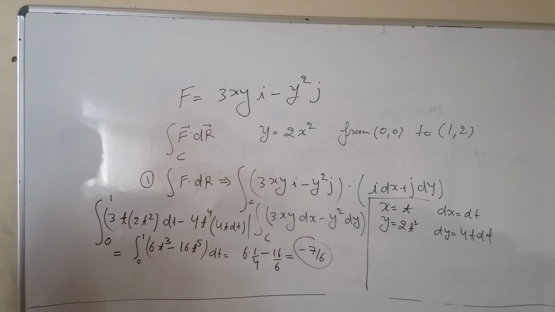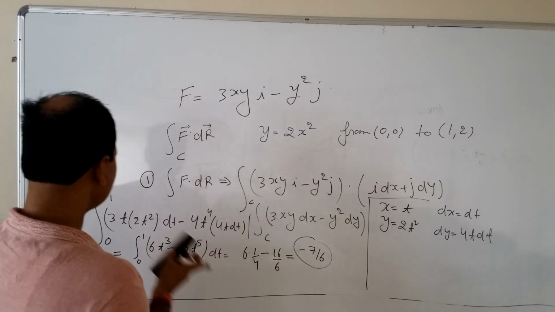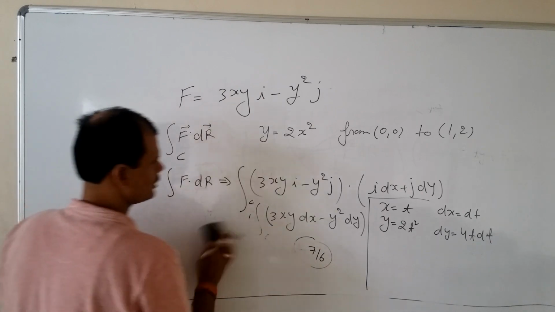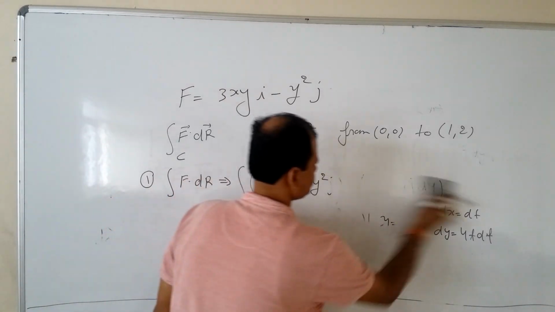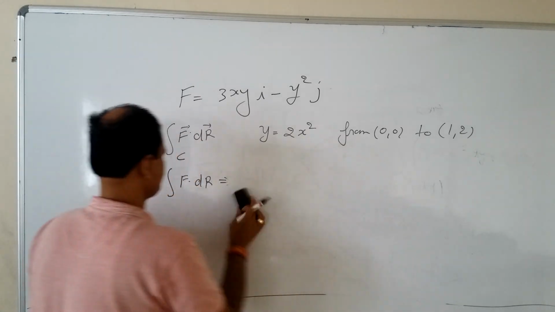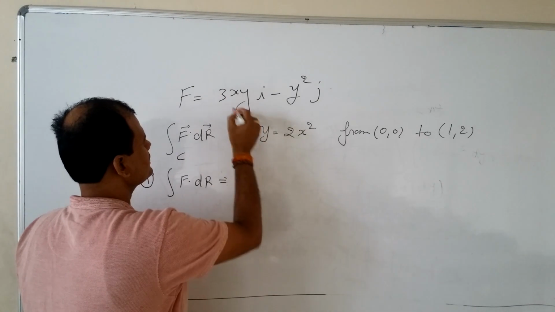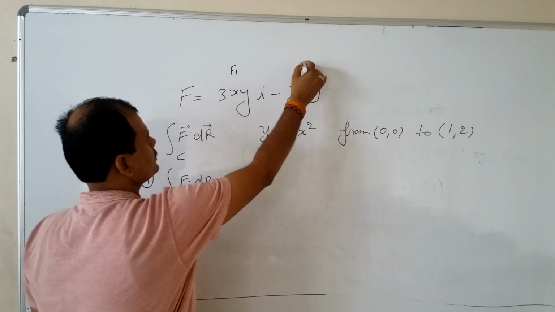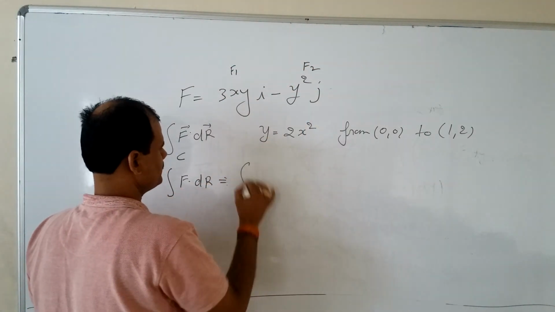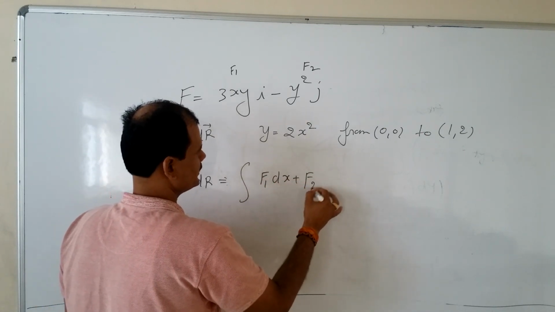Okay, this was the parametric equation method. Suppose you don't want to change to a parametric equation, we can also solve directly. Let us see how to solve directly. So this integral f dot dr, if this is your f1 and this is your f2, will be f1 dx plus f2 dy.